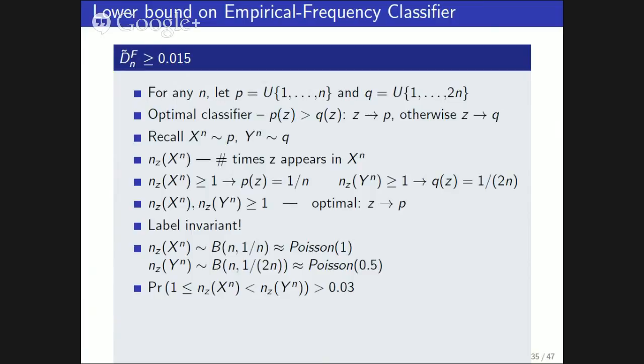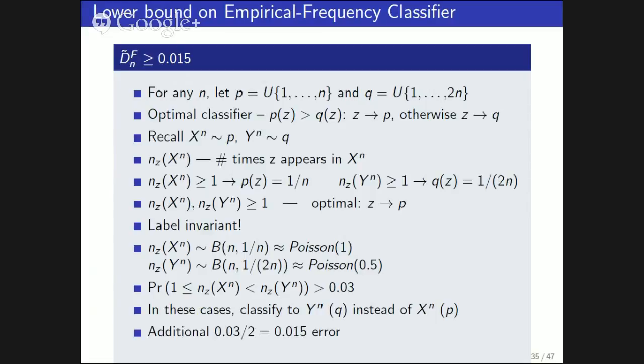Because in this case, we know what you should do. If they only appear in one, then it's kind of clear what to do. But in this case, you know what you should do, and there's some chance you'll be doing the reverse. So in this case, we classify to y, namely to this distribution, instead of to x and the p. So we're making an additional error. So this classifier is not optimal. So the additional error is 0.015.